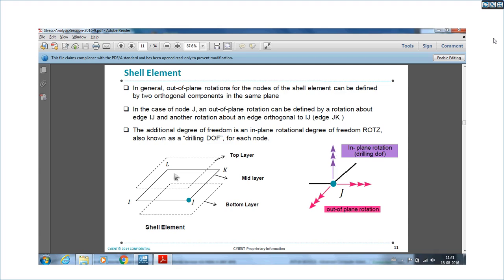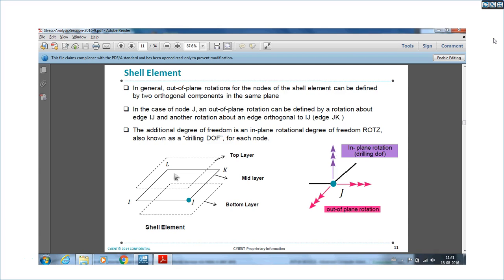Same thing if I take here, when you try to apply load along this line, this loading will remain in plane only.